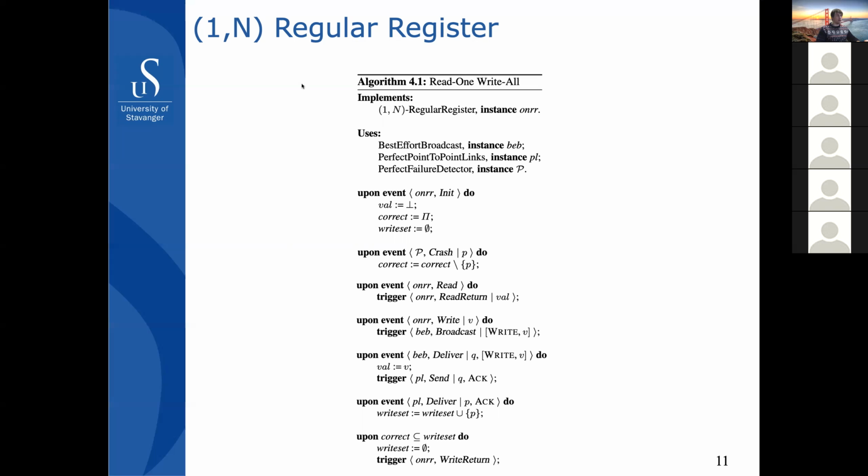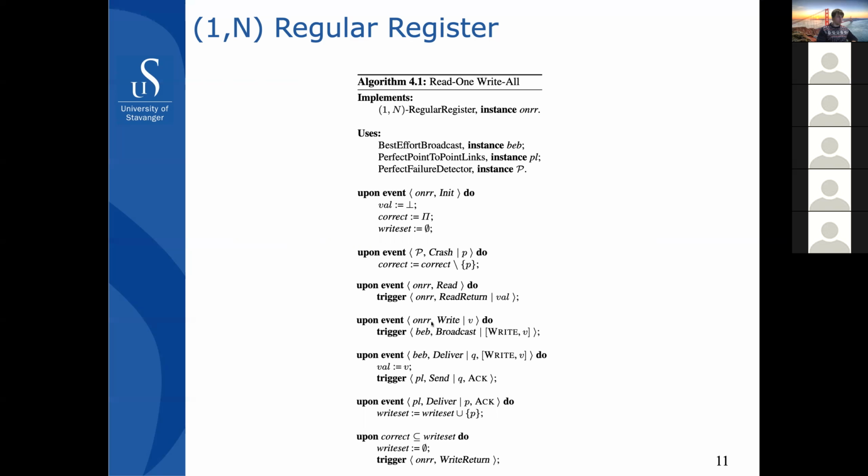This is a fail-stop algorithm, and each process has a local register, which they call val. So the writer updates all processes that are not crashed with a new value.